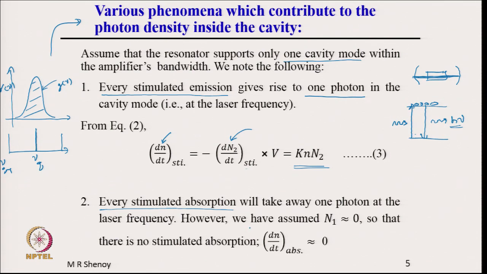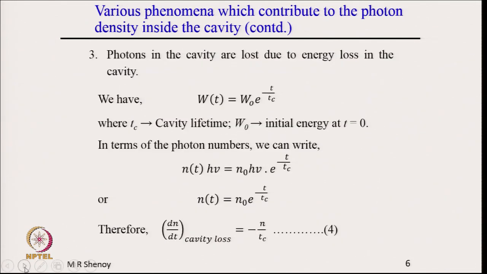However, we have assumed that N1 is nearly equal to 0, which is in practice true, and therefore N1 is very small compared to N2. So there is no stimulated absorption, or the change in photon number per unit time due to absorption is nearly 0. All right, let us see other components.